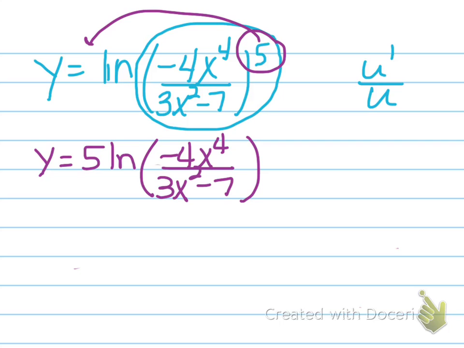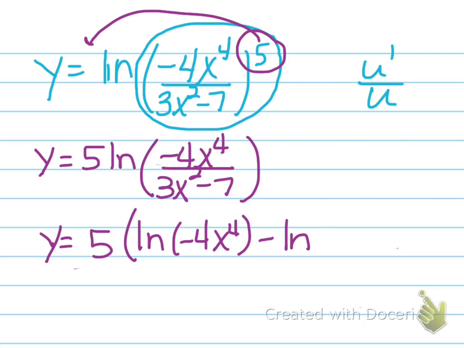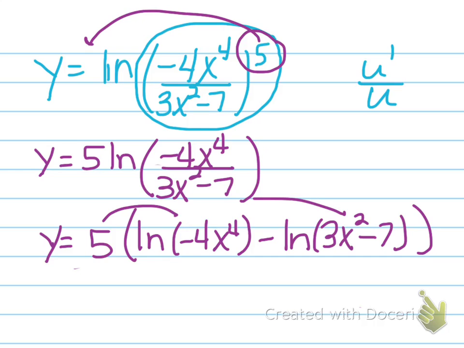Then I can split up this quotient. So I would have 5 times the natural log of negative 4x to the 4th minus the natural log of 3x squared minus 7. And you want to be sure you put the 5 outside the parentheses because the 5 actually goes to both, because in the original problem both the top and the bottom are being raised to the 5th power.